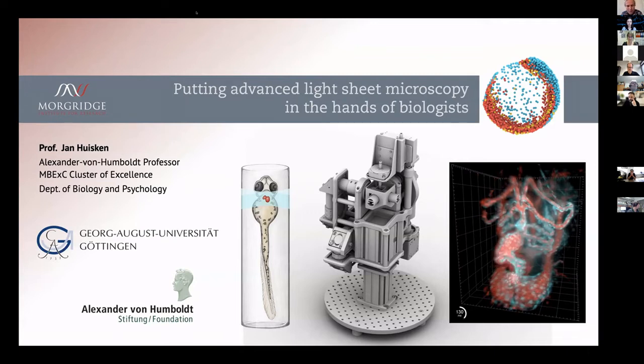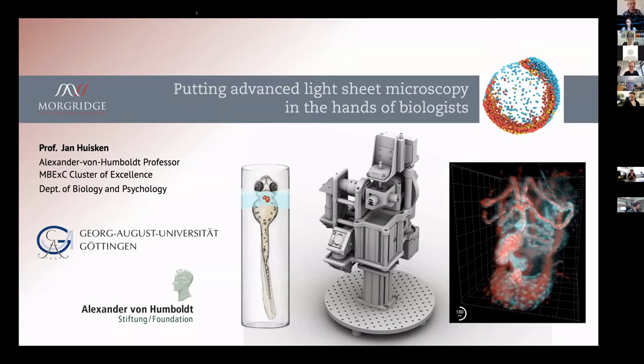And a recent development of his CV is that he got awarded the prestigious Humboldt Professorship, and that brought him back to Göttingen. And Jan is going to share with us his insight on how to put advanced light sheet microscopy into the hands of biologists.